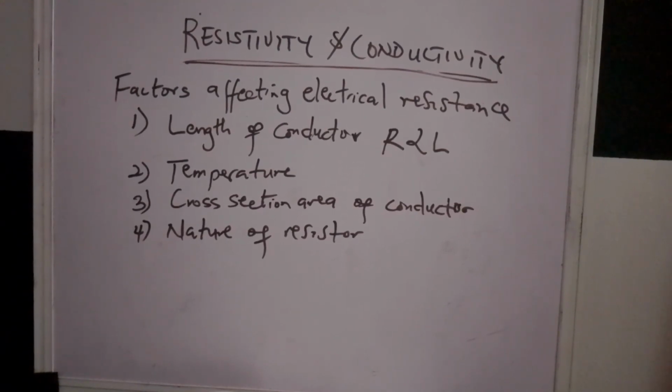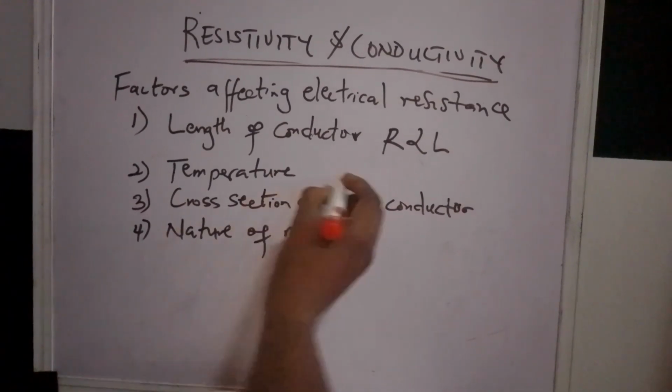So we can say that when the resistance increases, the temperature of the whole system increases as well. So the relationship between electrical resistance and temperature is such that resistance is proportional to temperature.